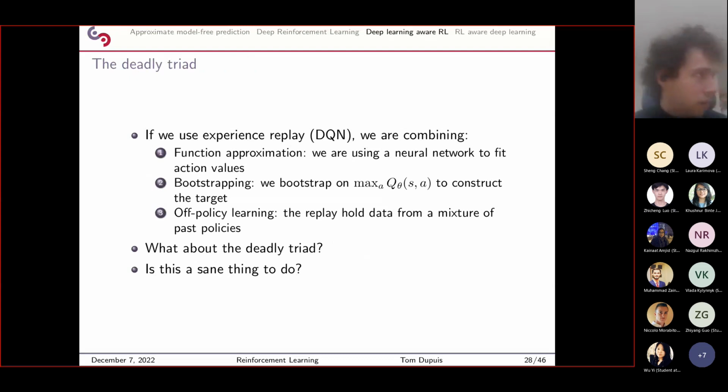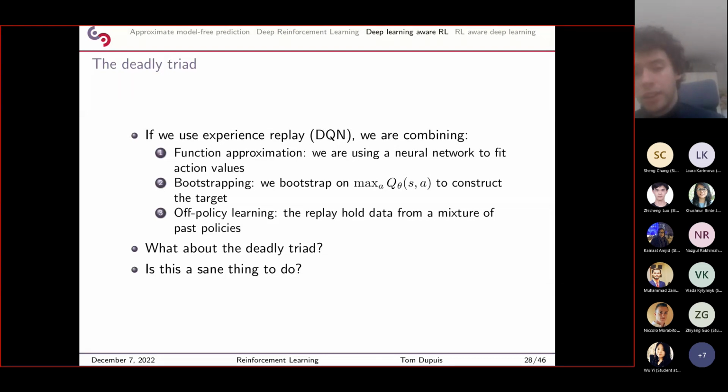More importantly, in deep reinforcement learning, there is something called the deadly triad. It's the reason why the Q-value function approximation might diverge when you use deep learning with it.